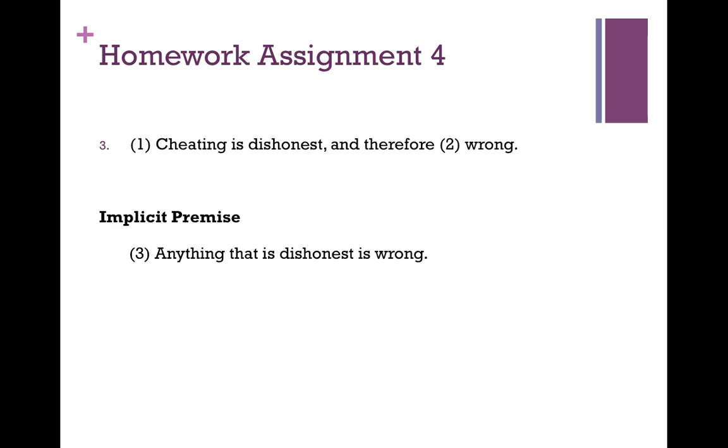You have to have some kind of statement that includes the words dishonesty and wrong in order to bridge the gulf from dishonest to wrong. And this one, like the other arguments we've seen, 1 plus 3a, don't forget your little lowercase a to indicate this is an assumption, and then the conclusion is 2.